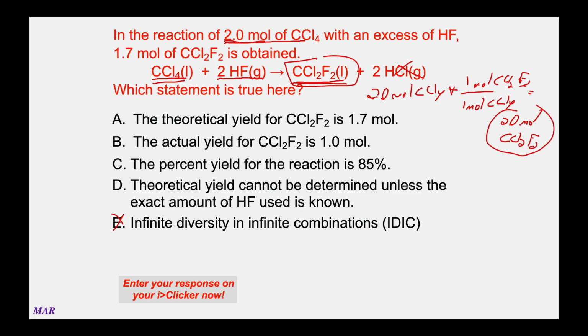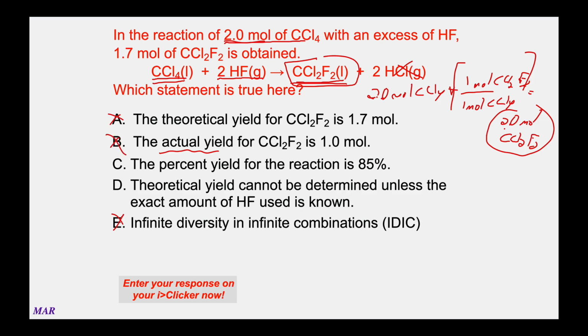And this number, which I got using the stoichiometric factor 1:1, that's the theoretical yield. The theoretical yield is 2 moles. It is not 1.7 moles. 1.7 moles is the actual yield of the product, all right? Actual yields kind of have to be given to you, and that's what the 1.7 moles of CCl2F2 is. It is not 1 mole, so B is also incorrect.